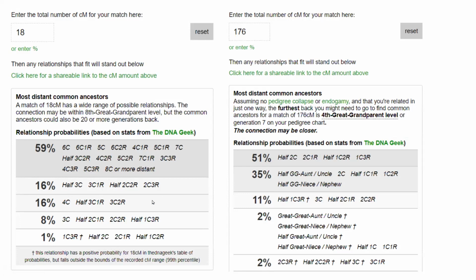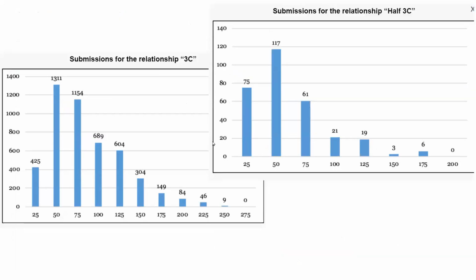So subject to an awful lot of other analysis, this would say there's not a lot of evidence from the DNA that the relationship isn't a third cousin relationship. It looks more like a third cousin than it does like a third cousin once removed. And let's take those same numbers and look at a half third cousin. 18 would be in this first 75, but that's also over here, the 425.